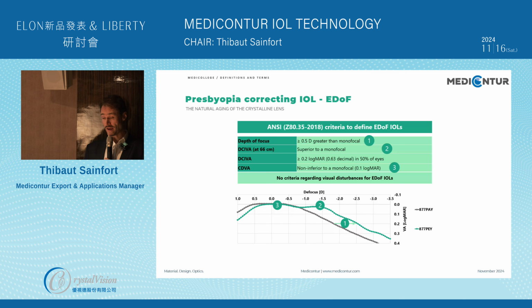Second criteria, you want to improve your intermediary distances at 1.5 diopter, so at least 50% of your patients have to reach logMAR 0.2 in intermediate distances. And third criteria is to have a defocus between the monofocal lens and the EDOF lens of at least 0.5 diopter.